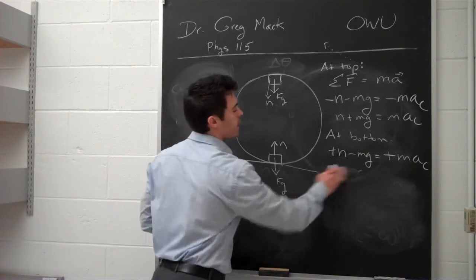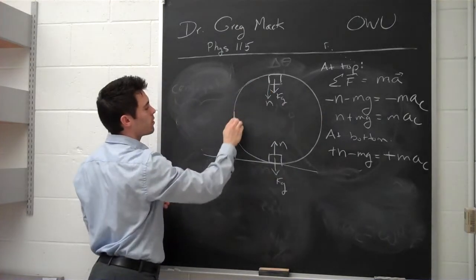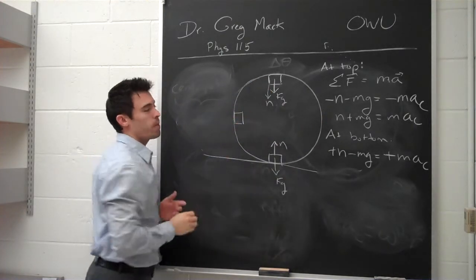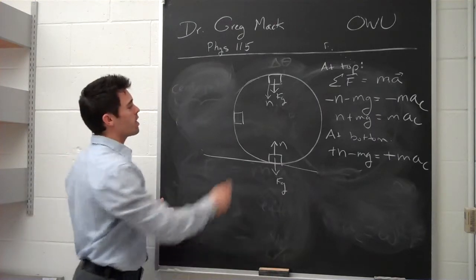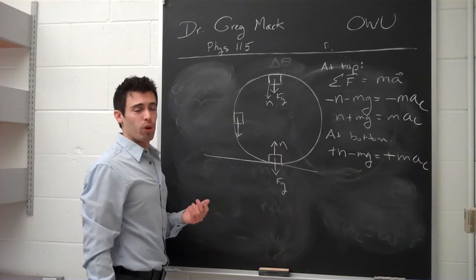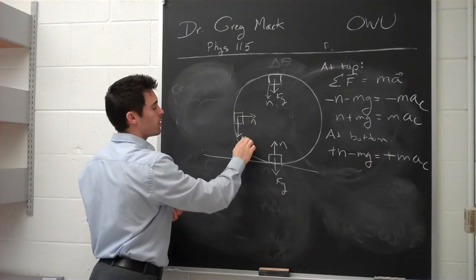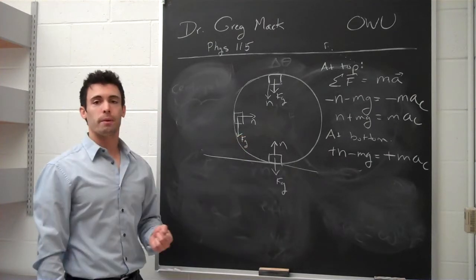And then if we're looking at it sometime halfway around the trip, let's say we're over here, okay, then what are the forces acting on it this way? You have the gravitational force, which is pulling it downward, and you have the normal force from the track.